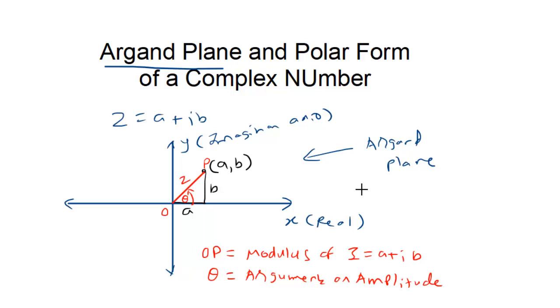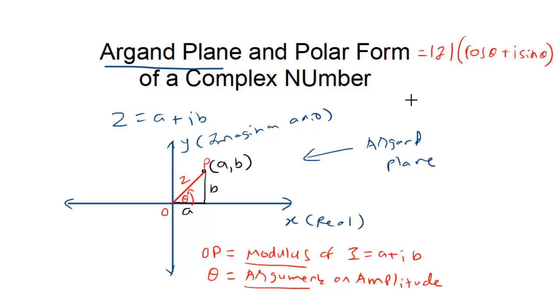Now the same complex number can also be represented in terms of the modulus and argument. If we know the modulus and argument, and if we know the Argand plane, then the same complex number can be represented in the polar form. The polar form is the modulus into cos theta plus i sin theta.